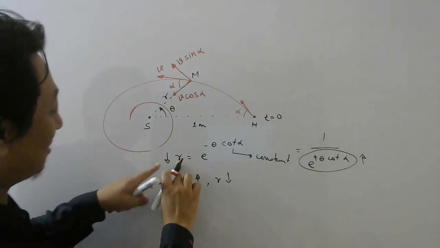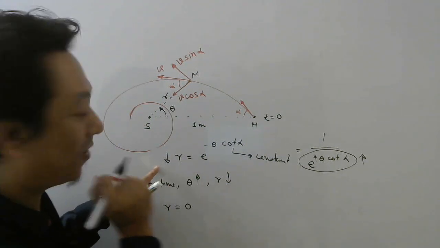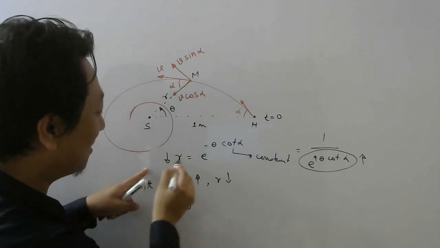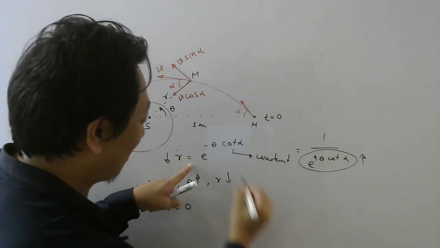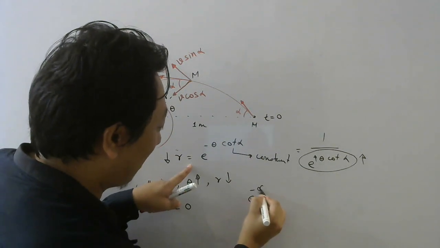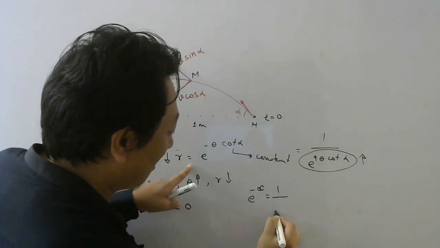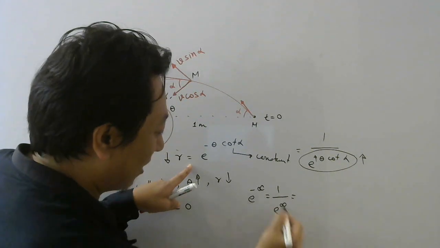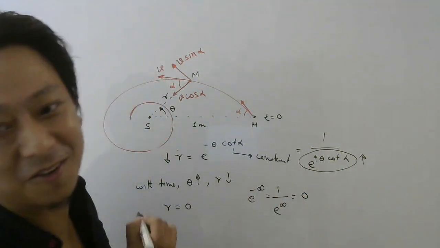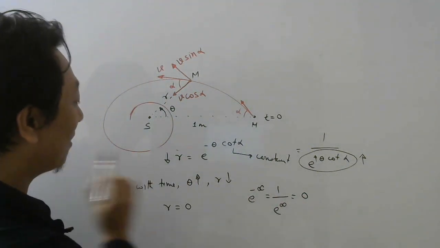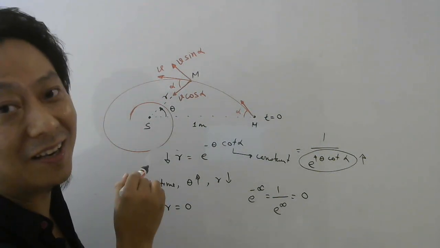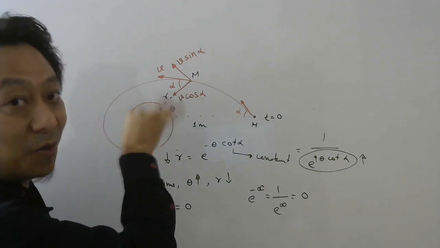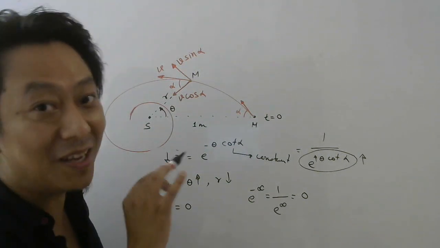The only way this can be 0 is if theta is infinity, because e power minus infinity is 1 by e power infinity, and 1 divided by infinity is 0, isn't it? So in order for r to be 0, it should cover infinite angle. In other words, the number of rotations it will make will be infinity.